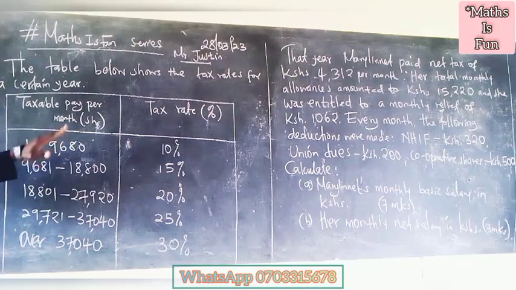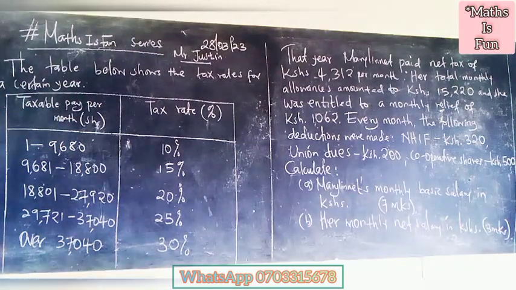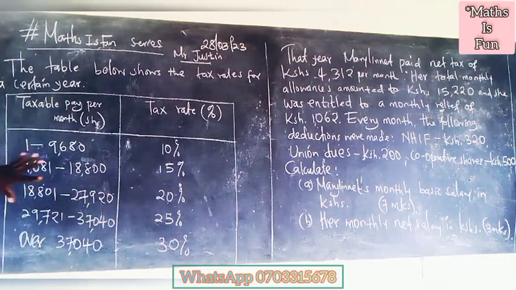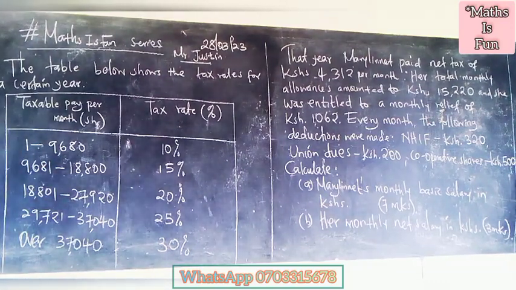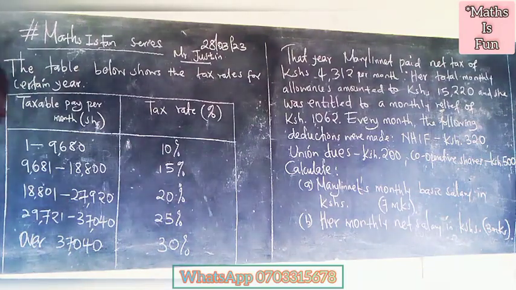I hope you are going to have this question and write it very fast, because my board is very small. I'm going to use the board to show how we calculate this question. We are given the taxable pays, that is these slabs. Then we are given the rates, that is 10, 15, 20, 25 and 30.